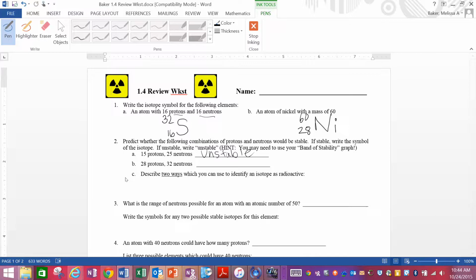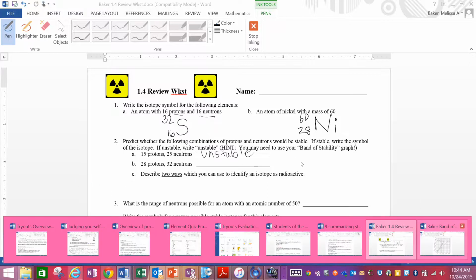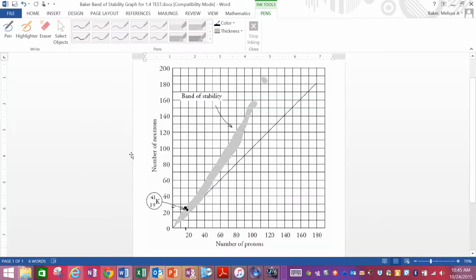28 protons, 32 neutrons. So go back to your band of stability. Figure out approximately where the 28 would be. It would be just before this line. And then up to 32, looks like it would be smack dab right in the middle of the band of stability.